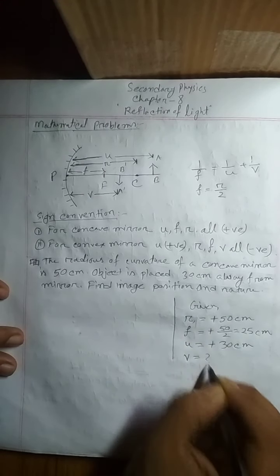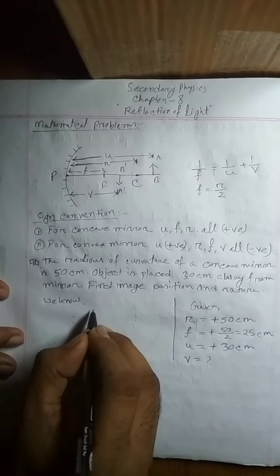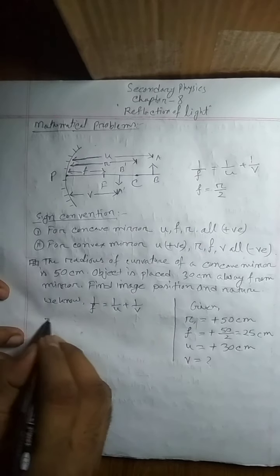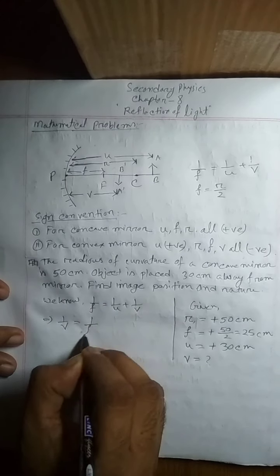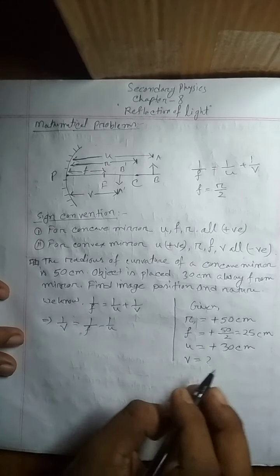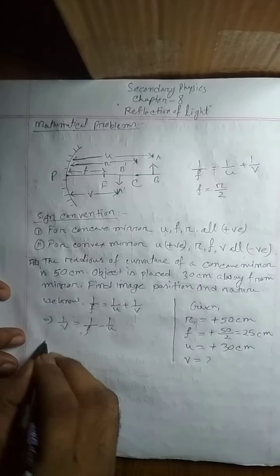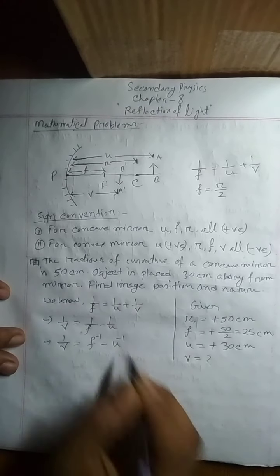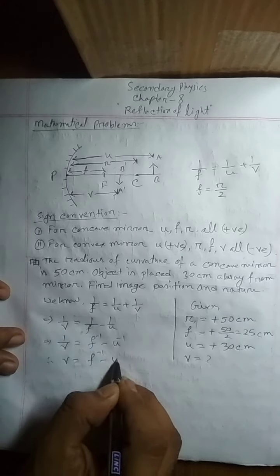Then v is equal to what? We know 1 by f is equal to 1 by u plus 1 by v. To find v, 1 by v is equal to 1 by f minus 1 by u. So v is equal to the inverse of (f inverse minus u inverse).